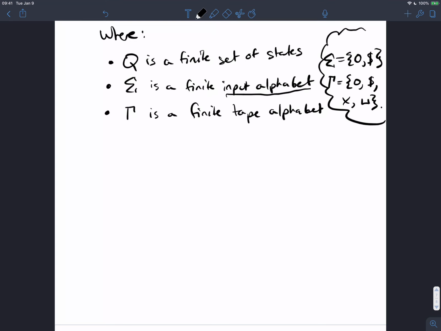Of course, the tape alphabet can contain many more symbols than what is presented in the input alphabet. But what character can we not put in the input alphabet at all? The blank symbol. Why shouldn't we put the blank symbol in the input alphabet, but only the tape alphabet? Outside of the tape. Right.